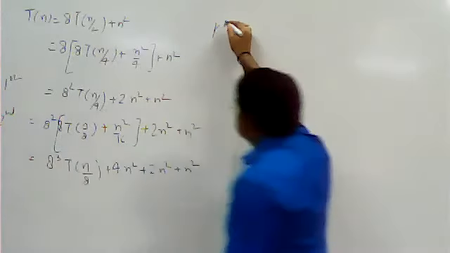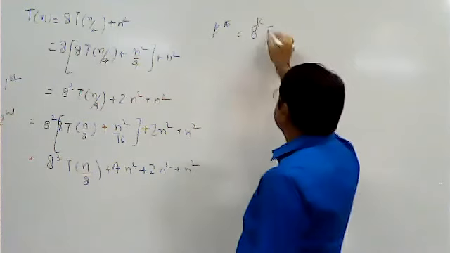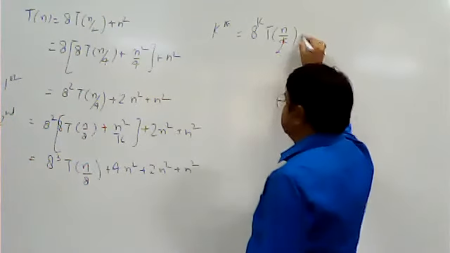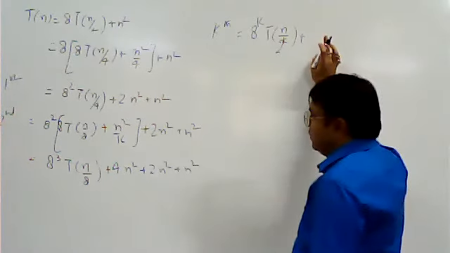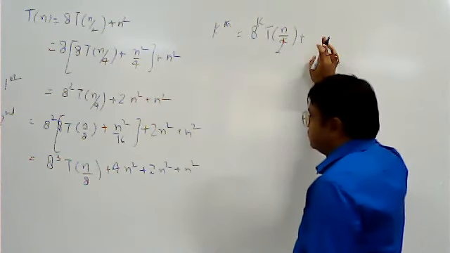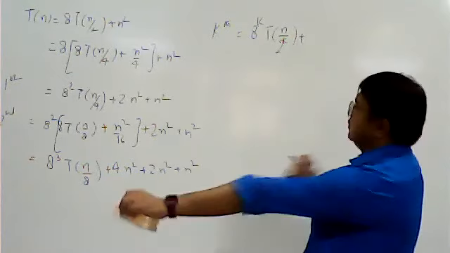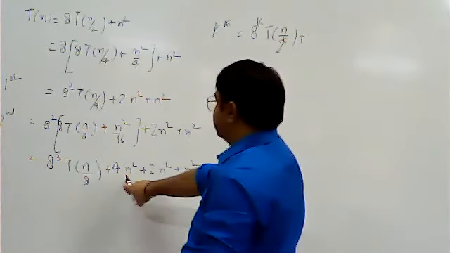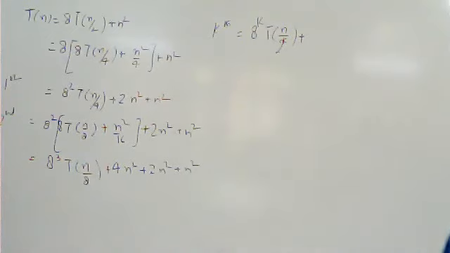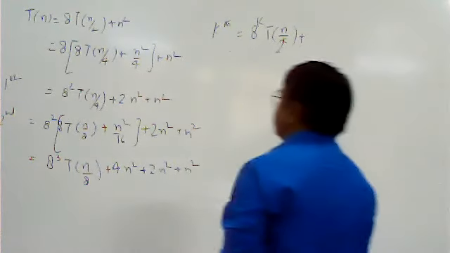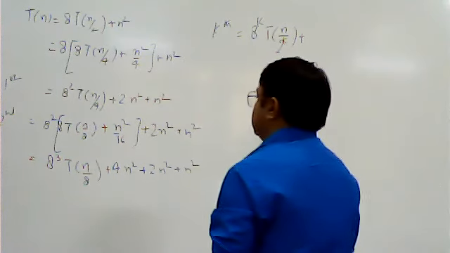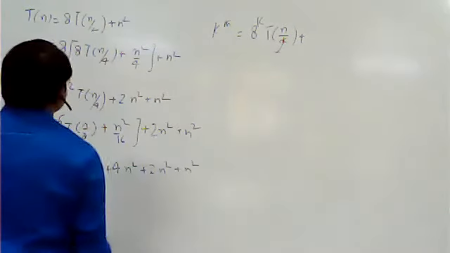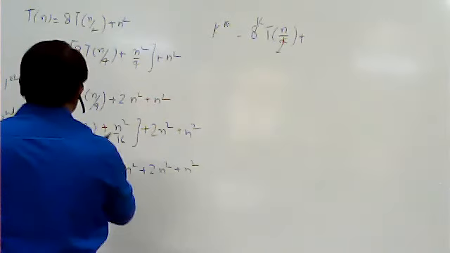Similarly, in the kth iteration, we get 8 to power k T(n/2^k), plus, so here we have first iteration 2, second iteration 4, and the next will be 8.